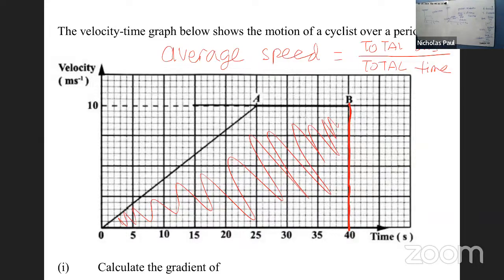Look at the area under the graph there, and divide it.